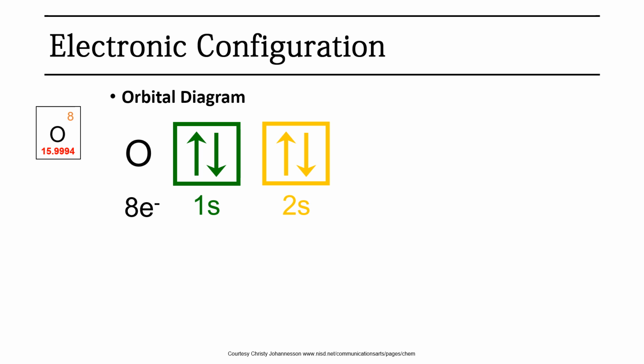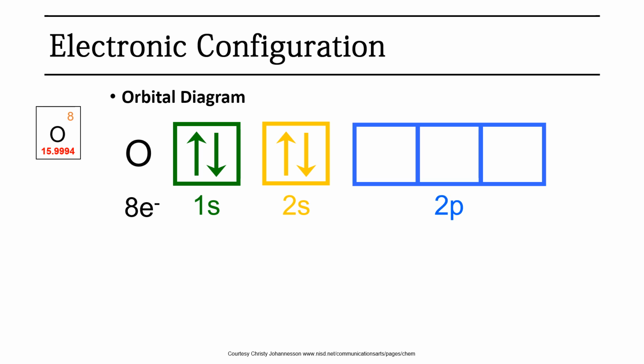Now we have another 4 electrons. How will they fill? The next energy level is 2p, so the principal energy level is 2 and the azimuthal quantum number is 1 for p orbitals. There are 3 magnetic energy levels, minus 1, 0 and plus 1, and there are spin levels, plus half and minus half. First it fills plus half, plus half and plus half, and next it goes to minus half.